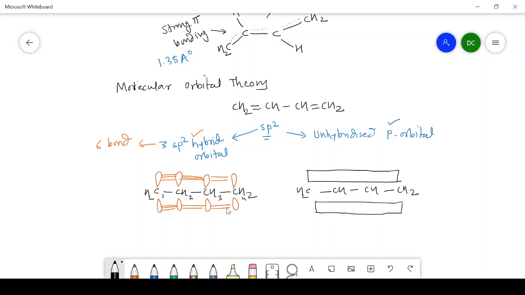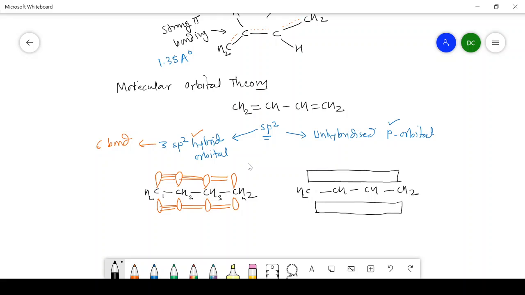In this way, there is an overlap of p orbitals of carbon number two and carbon number three. That's why the pi cloud covers all the four carbons, and it is present above the plane as well as below the plane.